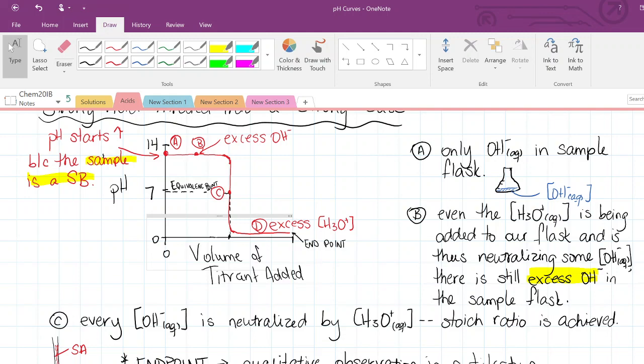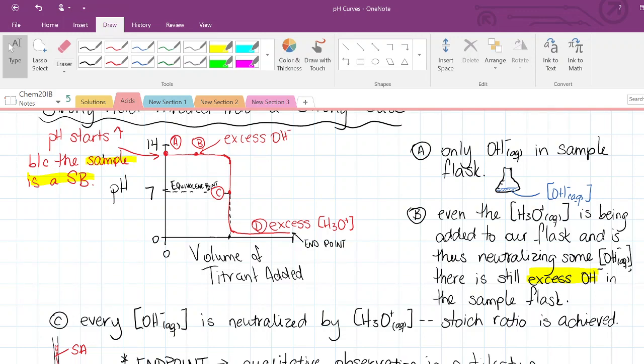If we continue to add titrant, if we continue to add strong acid, you're going to see that there comes a point where the pH levels off again, because now your pH doesn't change anymore, since the concentration is equivalent with every drop of titrant that you're adding into the sample flask. Okay, so that's essentially what takes place when we do a pH curve.